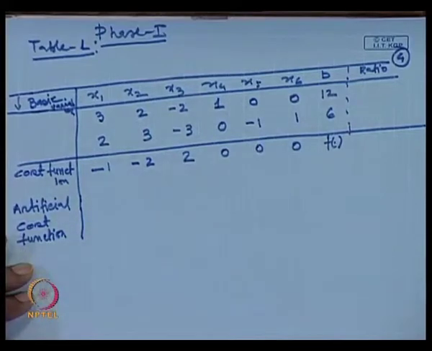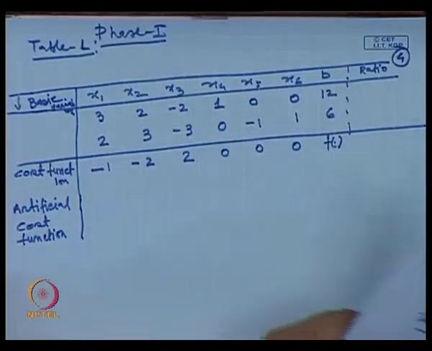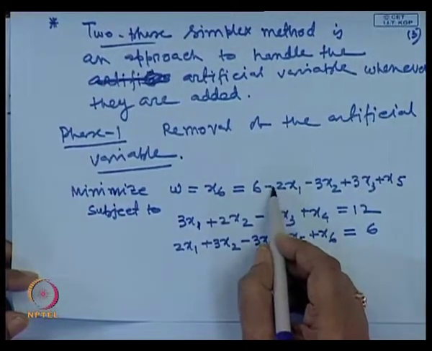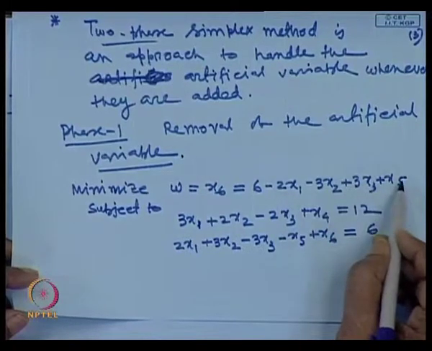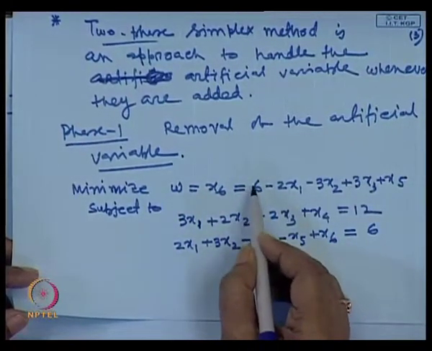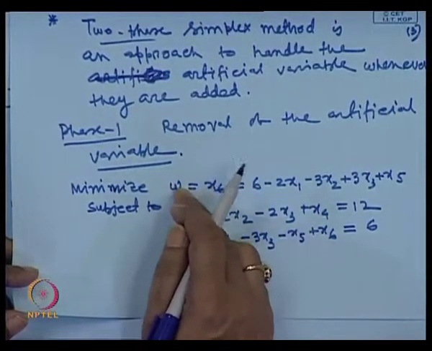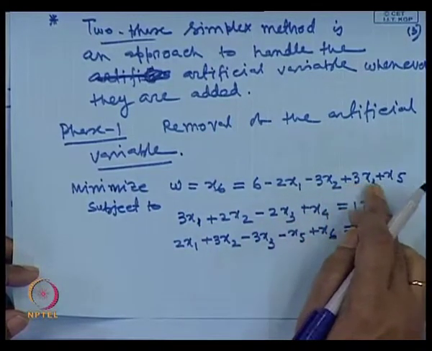Next is the artificial objective function, which I just mentioned: w is equal to 2 x 1 minus 3 x 2 plus 3 x 3 plus x 5. Since 6 is a constant quantity, you can write w minus 6 is equal to minus 2 x 1 minus 3 x 2 plus 3 x 3 plus x 5.